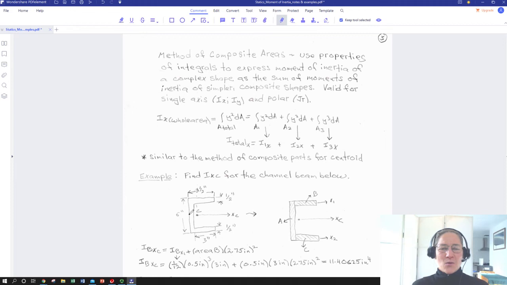Okay, we all remember, hopefully, the method of composite parts for defining centroid, and it again leverages the fact that the integral of the sum is the sum of the integrals.